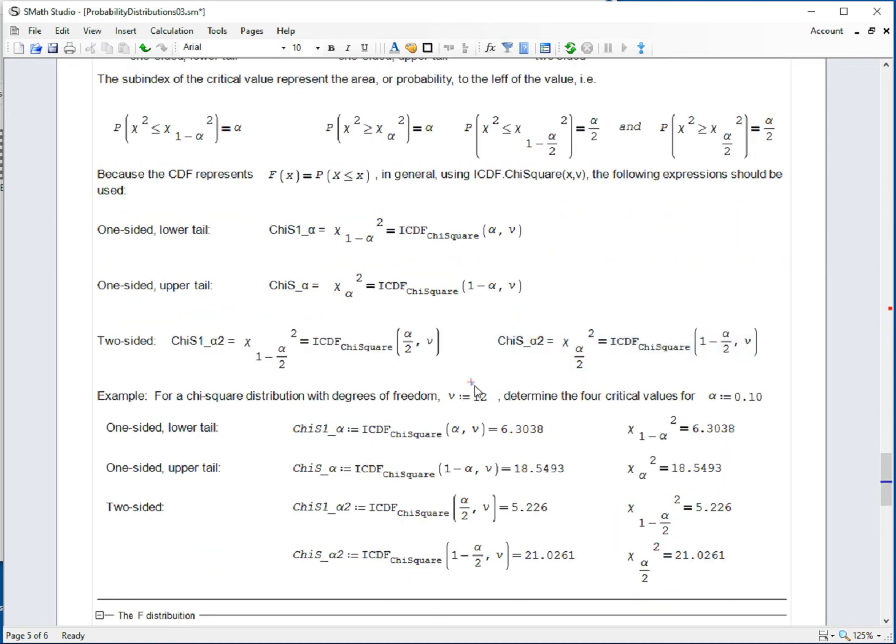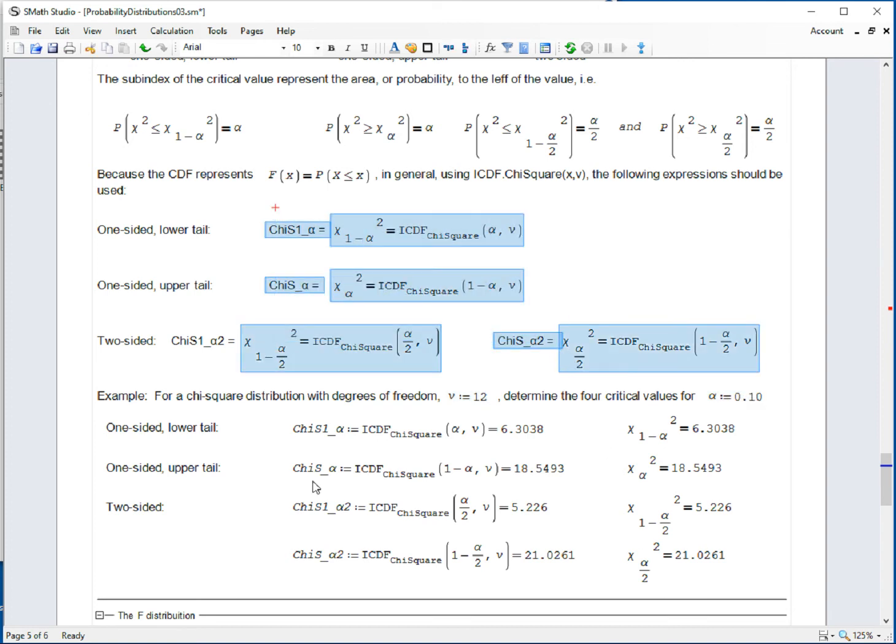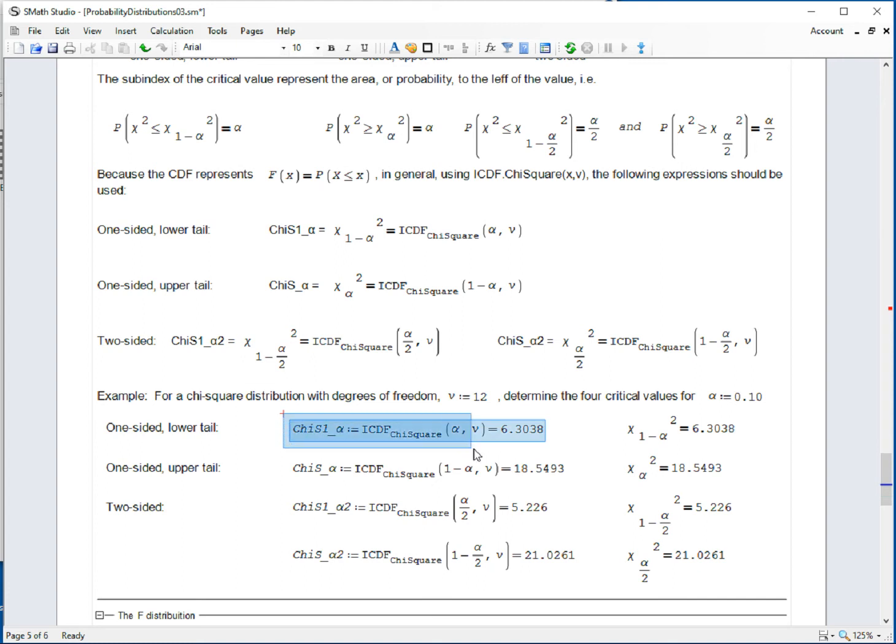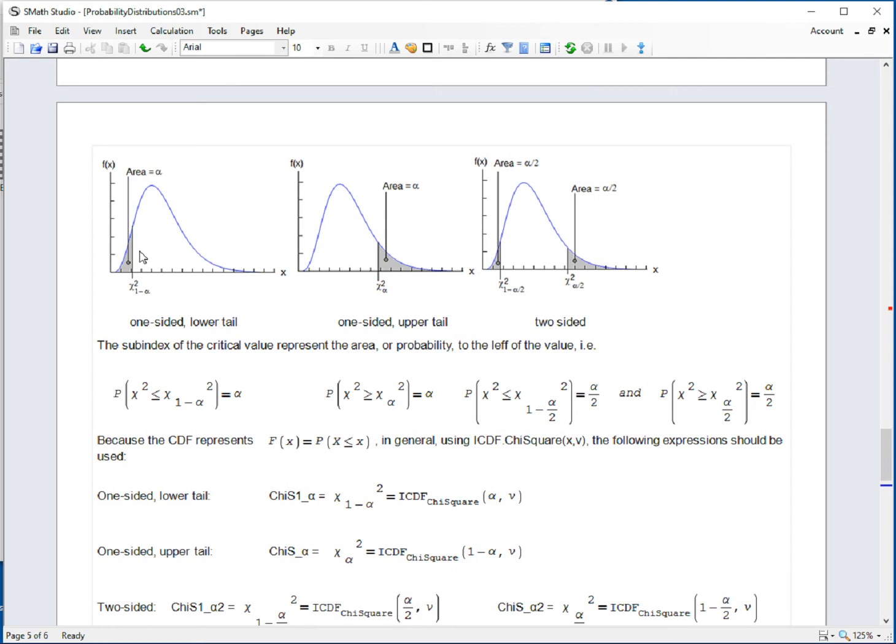Specifically, for 12 degrees of freedom and alpha 0.10, we're going to use this equation that we presented here. Here they are calculated specifically. I'm using this 1 underside alpha to indicate 1 minus alpha. And I'm getting this value for chi-square, which will be this value here to the left.